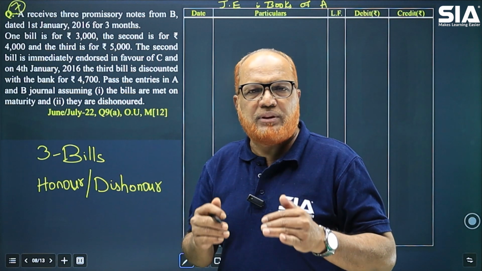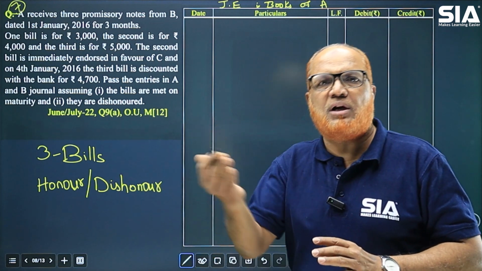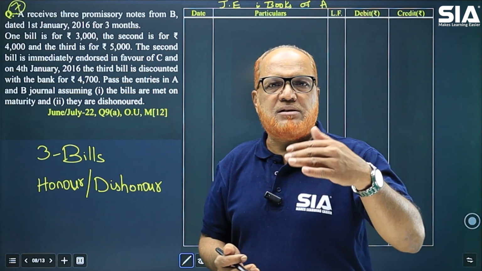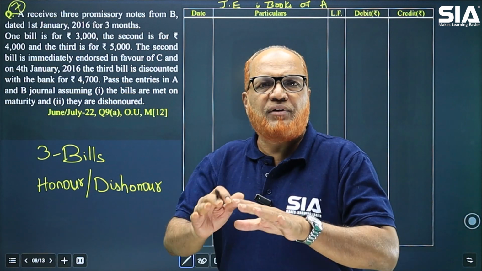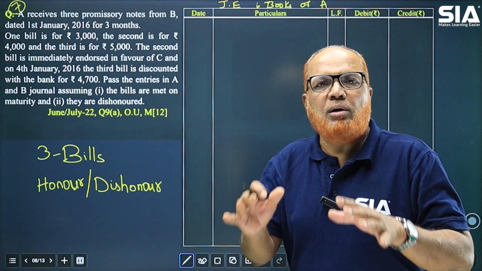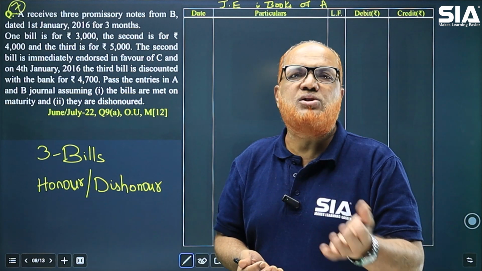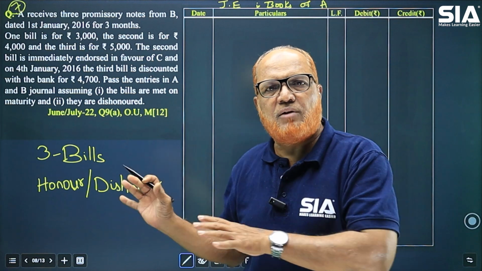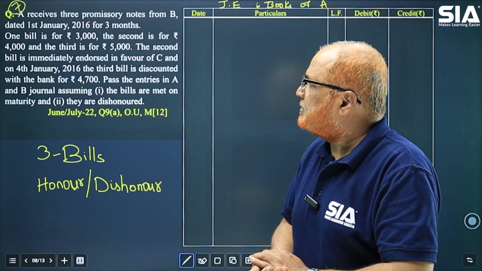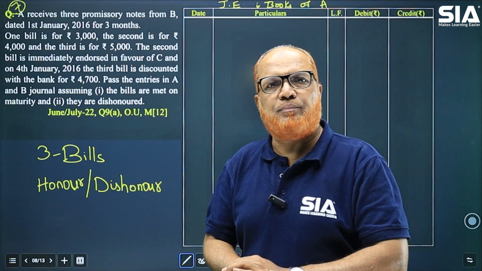One bill is kept with the drawer, one bill is discounted with the bank, and one bill is endorsed. So different situations are there, and on maturity some bills are honored, some bills are dishonored. So all these things we are going to tackle in this problem.